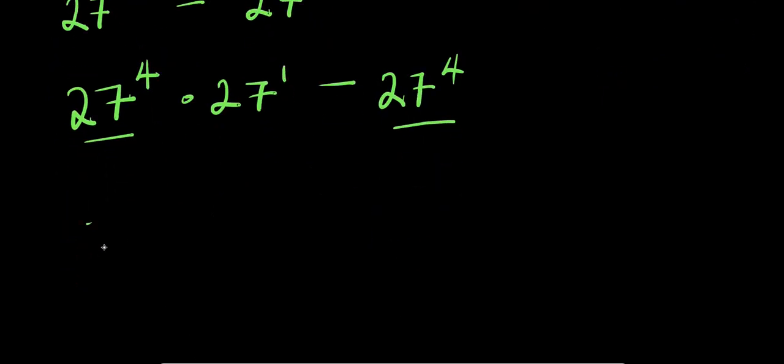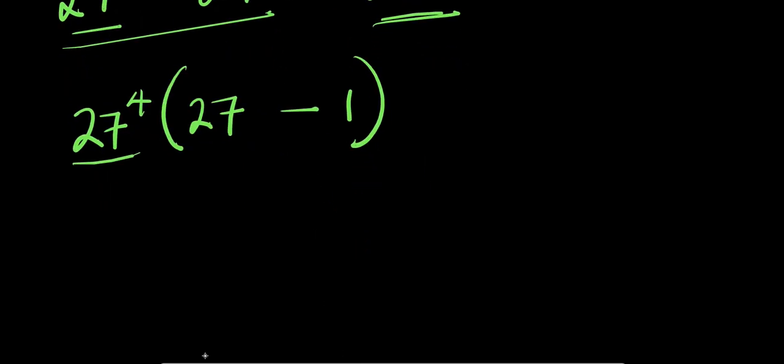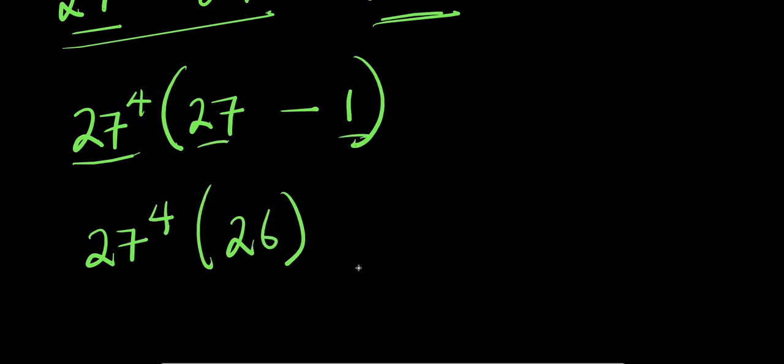That means I'll have 27 power 4 times, this divides 27 power 4, I have 27, minus 27 power 4 divides 27 power 4, I have 1. From here, I have 27 power 4 times 27 minus 1, that is 26.